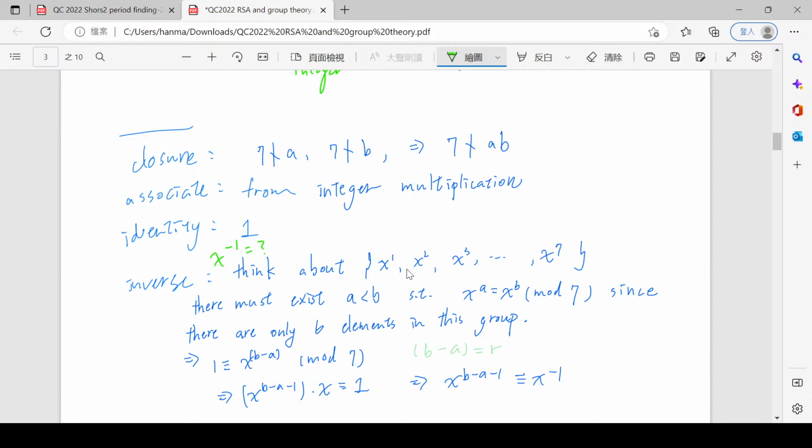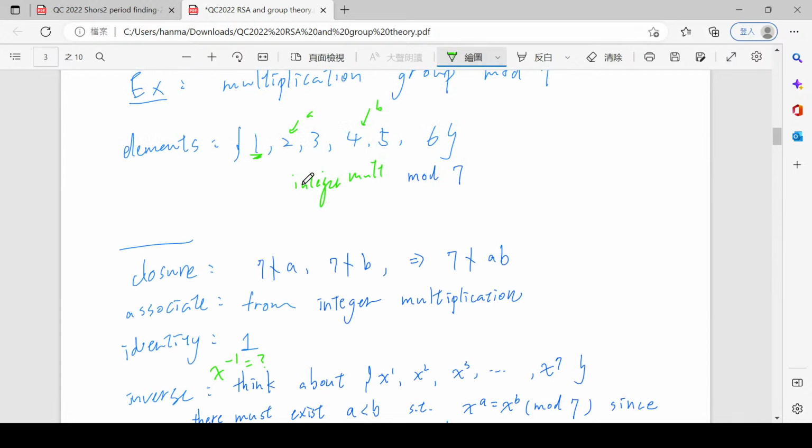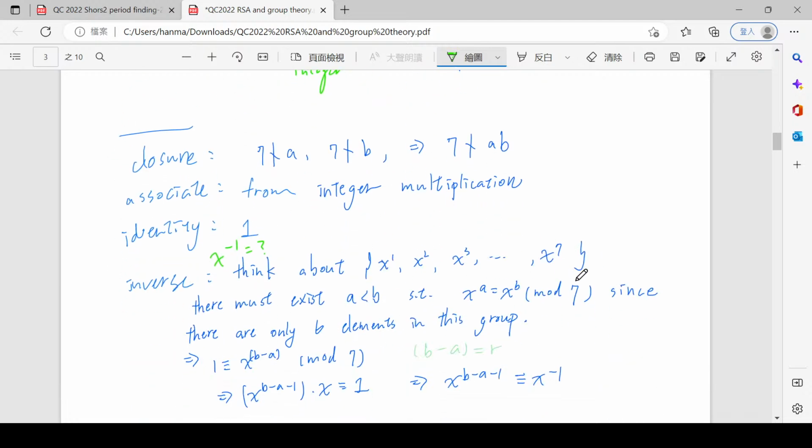You have x, x squared, x cubed, all the way to x^7. Everything here is mod 7, because we think about how those things are moving around inside your group. So you have x^1, x^2, x^3, all the way to x^7. But now you can apply the pigeonhole principle, right? Pigeonhole.